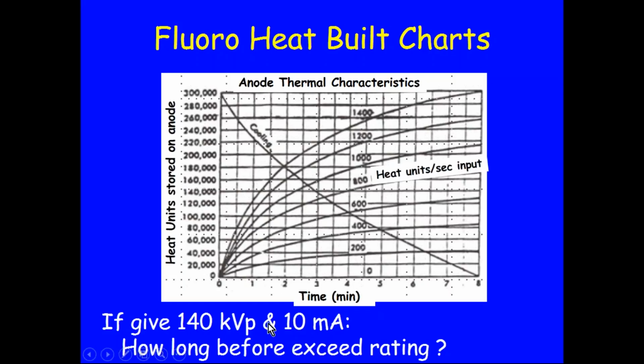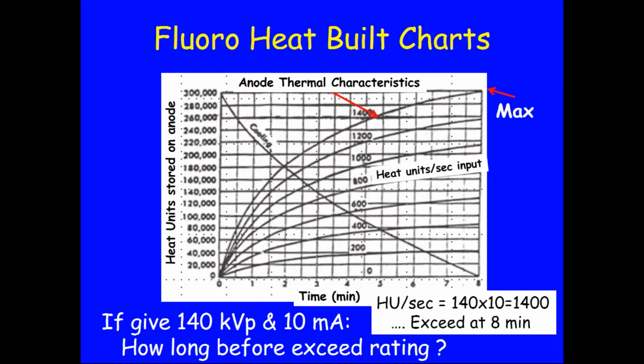So 140 kV at 10 mA is exceedingly high. What if we ask the question, how long before exceeding the rating? Well, again, the heat units per second is the product of the kV and the mA. That'll be 140 times 10, that's 1,400. And if it's 1,400, that's that top curve.